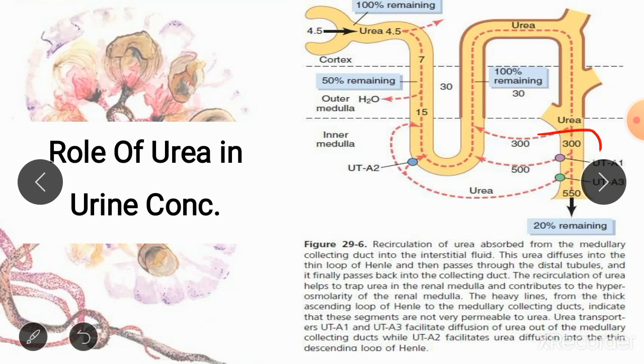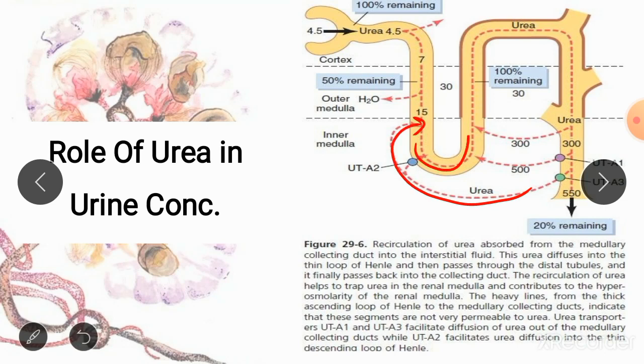This highly concentrated urea is going to be reabsorbed into the renal medullary interstitium, thus increasing the osmolarity of the renal medulla and helping the countercurrent multiplier in increasing the renal medullary interstitium hyperosmolarity, and some of it is going to be reabsorbed back into the loop of Henle.